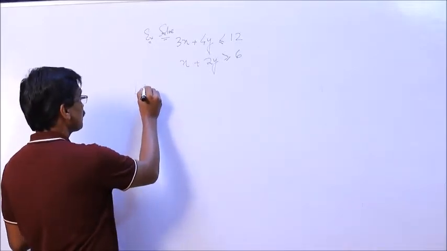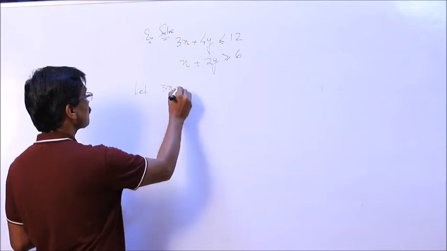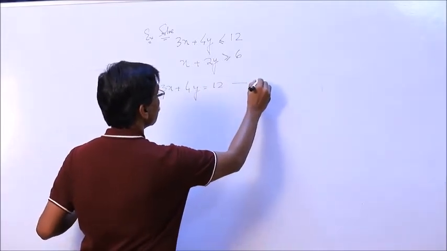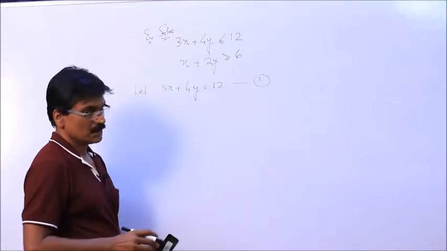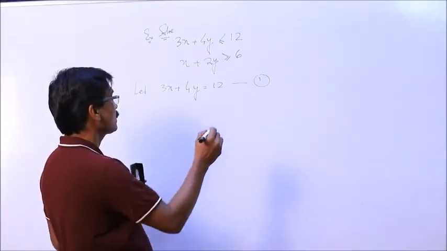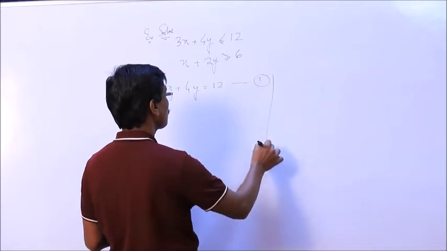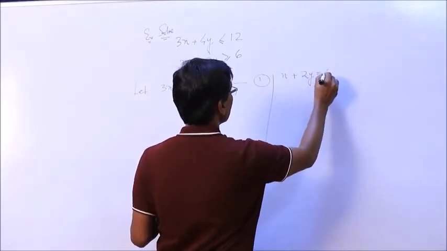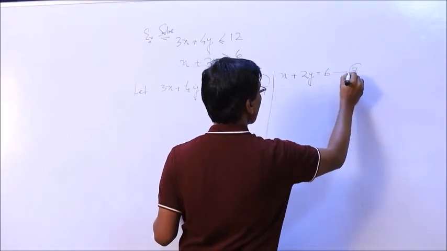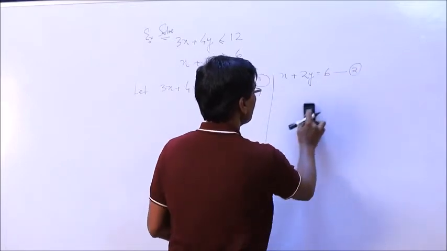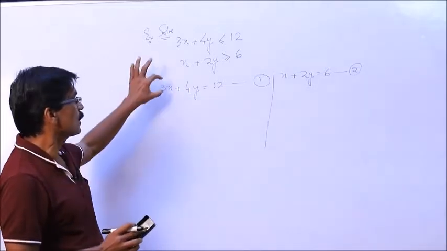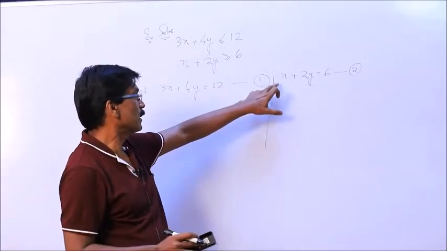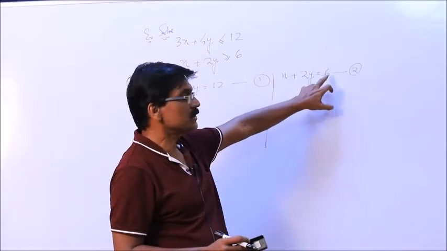First, make them equations, that is 3x plus 4y is equal to 12, and the second equation is x plus 2y is equal to 6.